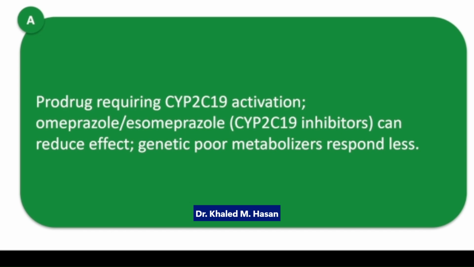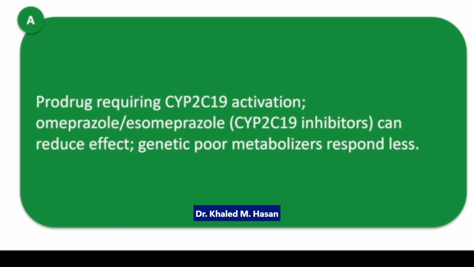When the patient takes another medication for peptic ulcer disease, for example, omeprazole or esomeprazole, these two medications reduce or inhibit cytochrome 2C19, and the result will be decreased activation of clopidogrel, and there is a risk of clotting or thromboembolic events.